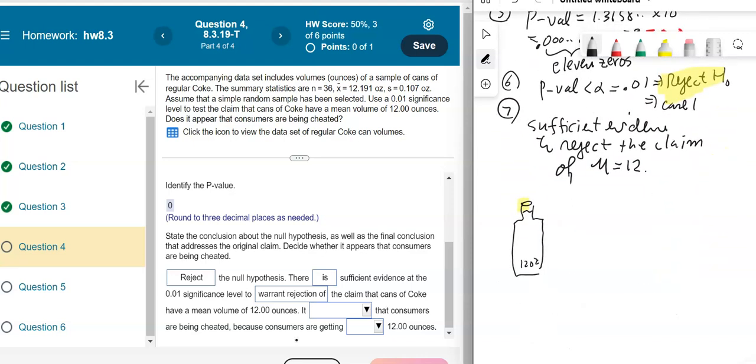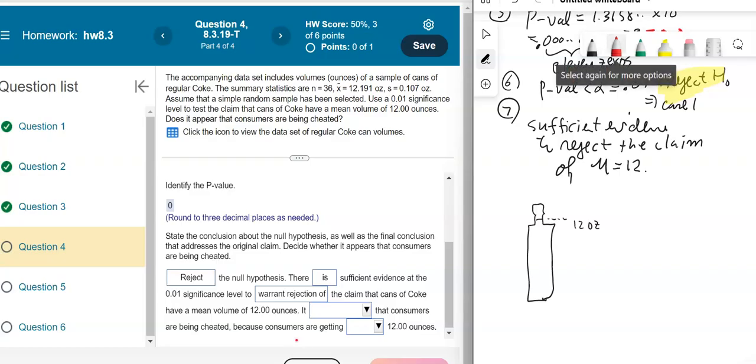Okay, so let me draw this one again, a little bigger. Suppose this is 12 ounce, but actually you're getting here. So this is more than 12. Why?